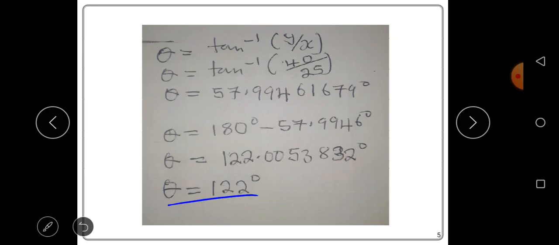This is the direction, making the positive x-axis our reference point.